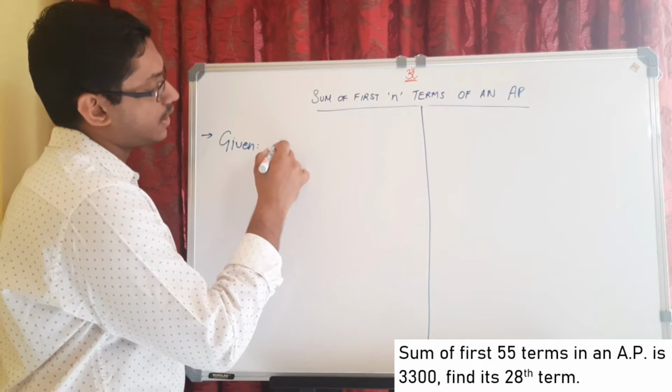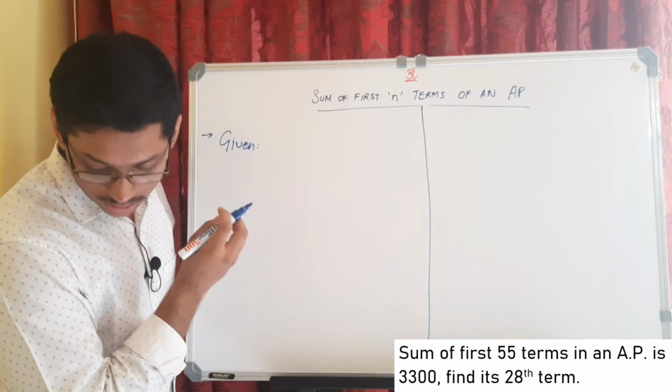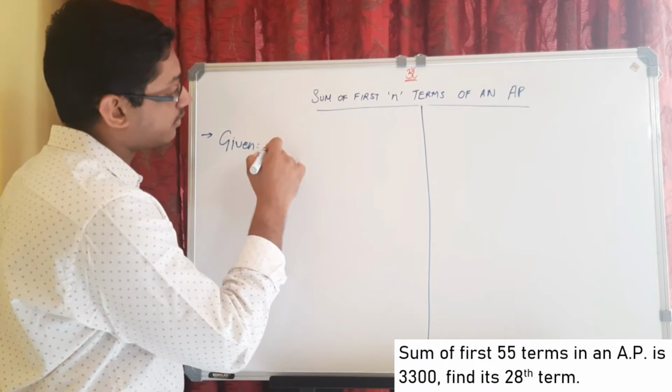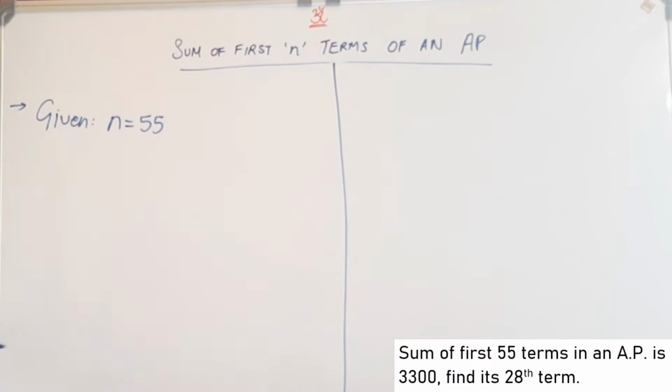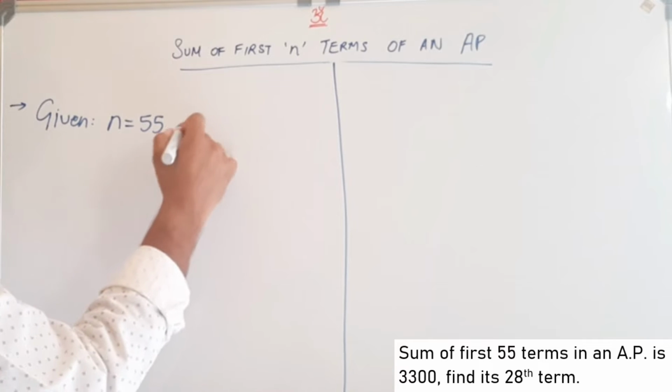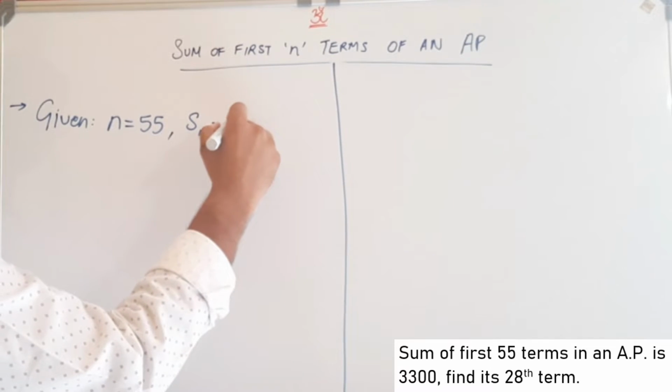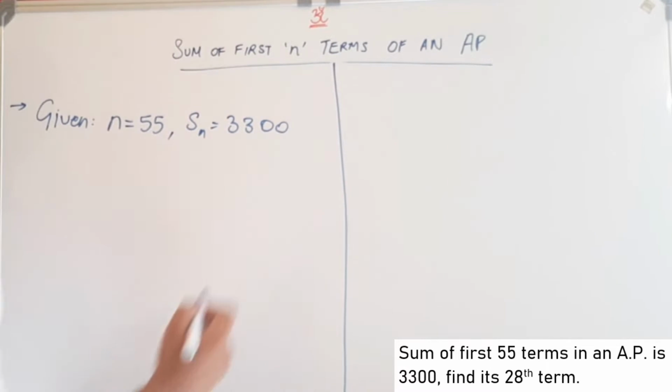First 55 terms, so n is 55. By the statement itself you can see it is 55. n is equals to 55. Now for n 55, the sum Sn is 3300. That is also given, isn't it? Find its 28th term.